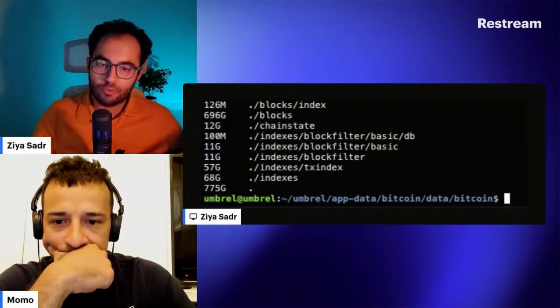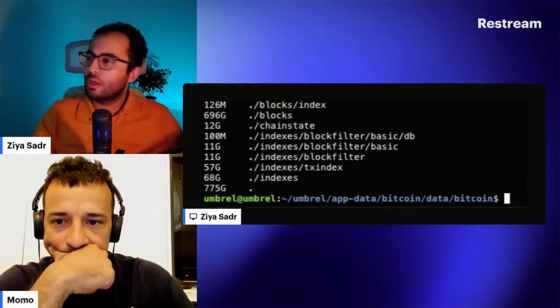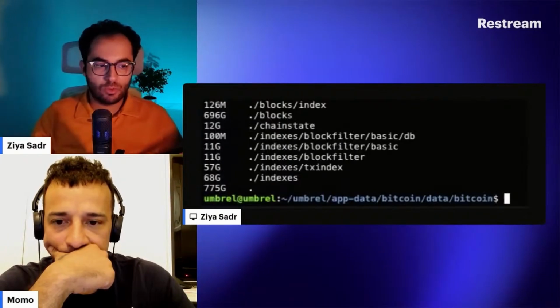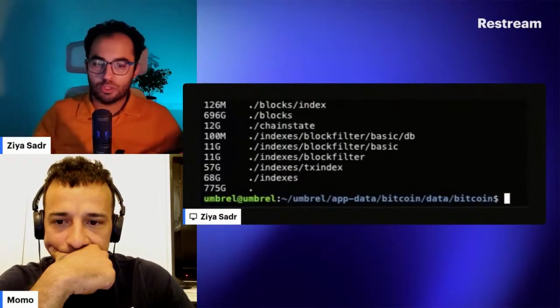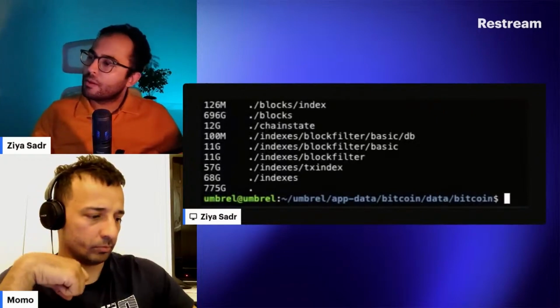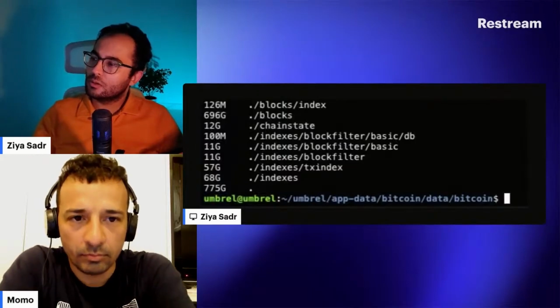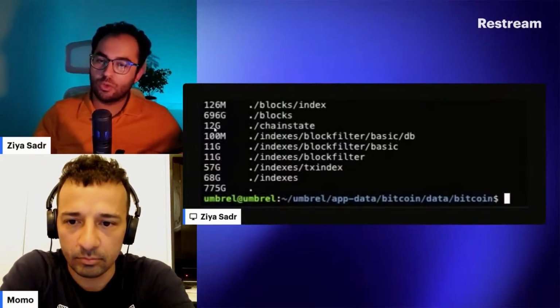So you have these on your node, and your node keeps track of these and needs to have access to them, and it probably loads most of them into your RAM, which is quite an expensive resource on your computer. And this is it, which is 12 gigabytes.